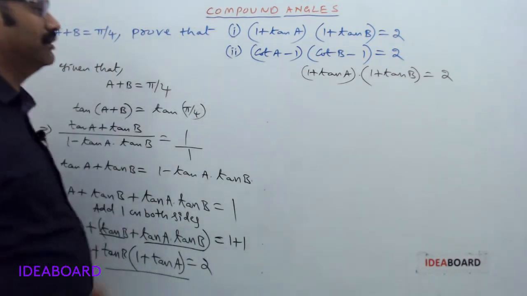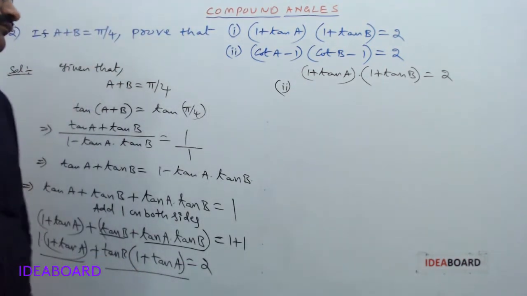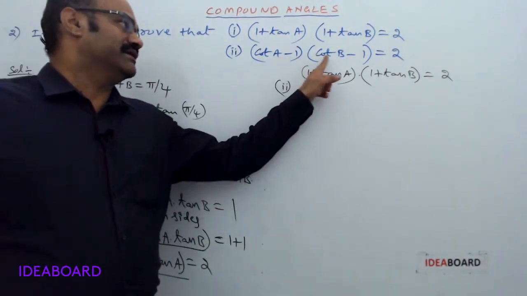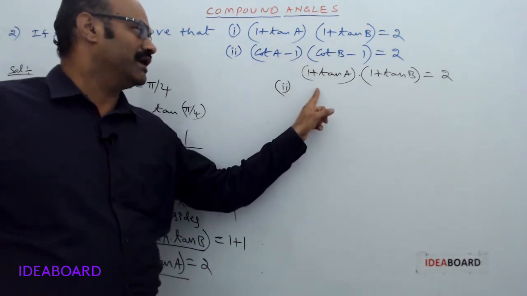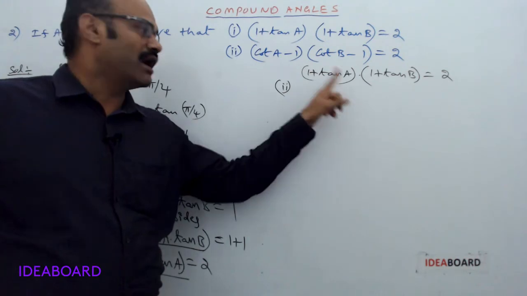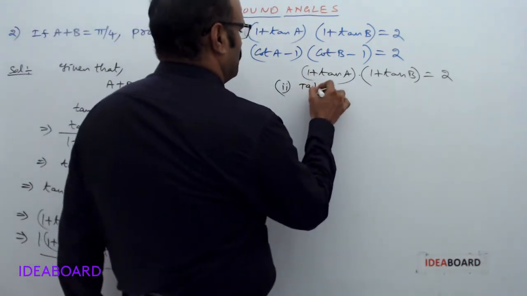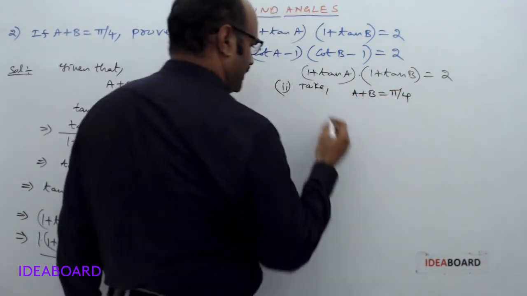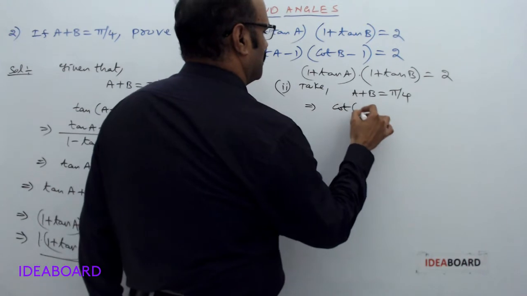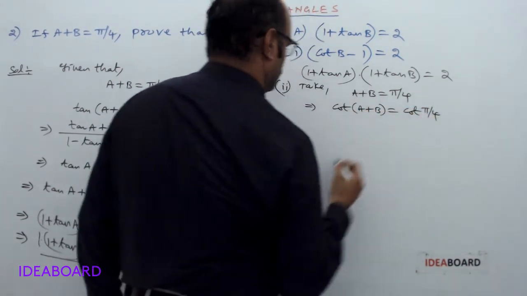Now second problem. It is in terms of cot. So take a plus b equal to pi by 4. Apply cot on both sides. It implies cot of a plus b equal to cot pi by 4.